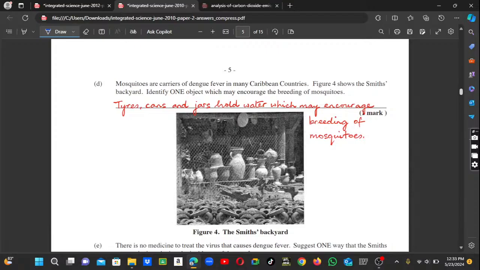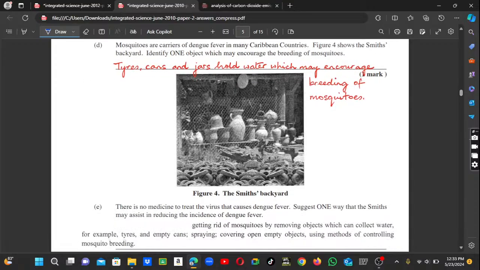All right, so here we are seeing that mosquitoes carry dengue fever in many Caribbean countries. You know that. It says the picture shows Smith's backyard. Identify one object which may encourage the breeding of mosquitoes.